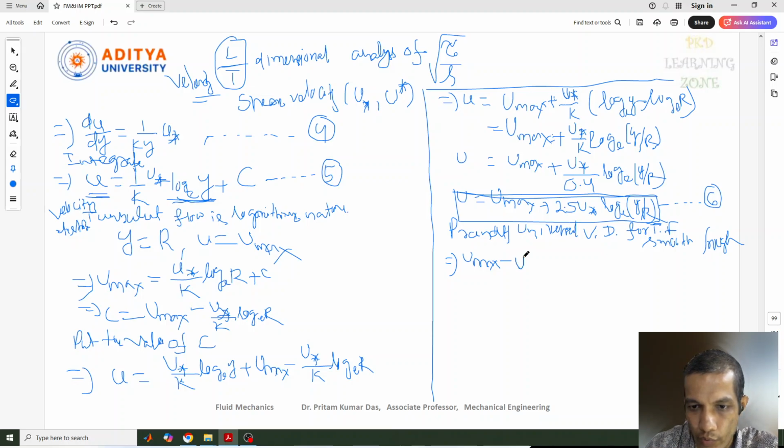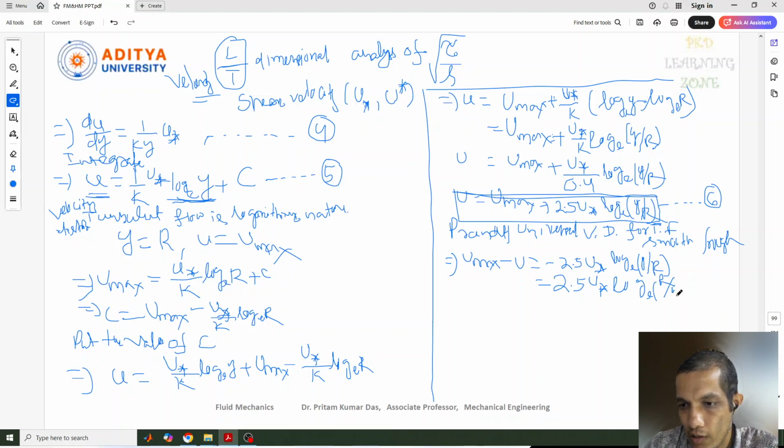That means U max minus U equal to, so this side will be minus, minus of 2.5 U star, and this is log E Y by R. Now this R, I'll convert this one, this negative, I'll convert it here like this: 2.5 U star log E R by Y. Okay, now this U star, let's take it to the other side.